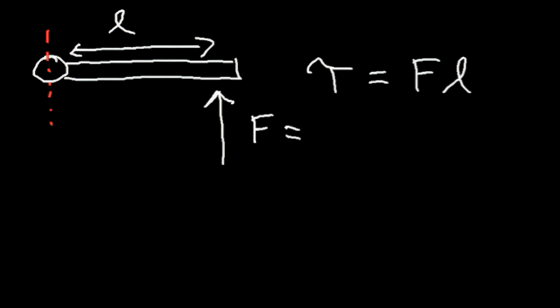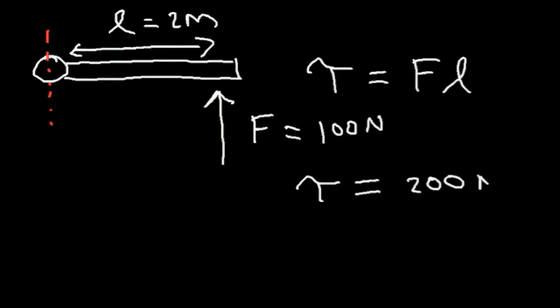So let's say you apply a force of 100 newtons at a distance of 2 meters from the axis of rotation, then the torque applied is 100 times 2, which is 200 newtons times meters. Now, is it easier to push a door at the edge, in the middle, or by the hinge near the axis of rotation?